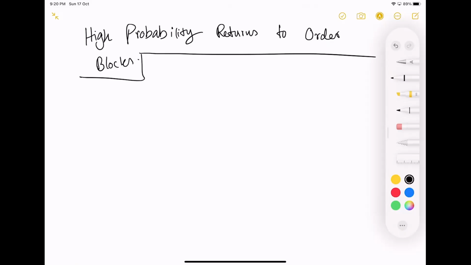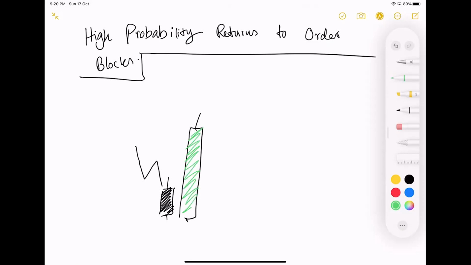Here's how it's going to look. You have a low, then you have this. Here's where I'm going to draw the candle. Then you have the down close here, then you have the big up close, the big massive candle over here.